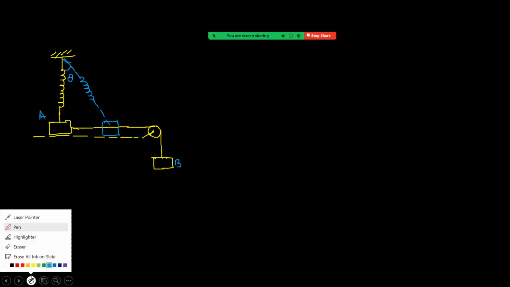Suppose it makes angle theta. Now see what we can do. Suppose elongation equals x; then the spring force will be kx. Focus on the free body diagram for block A, along the vertical, because it is losing contact.